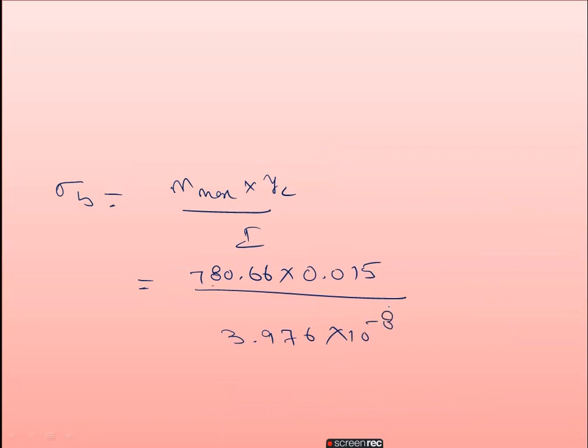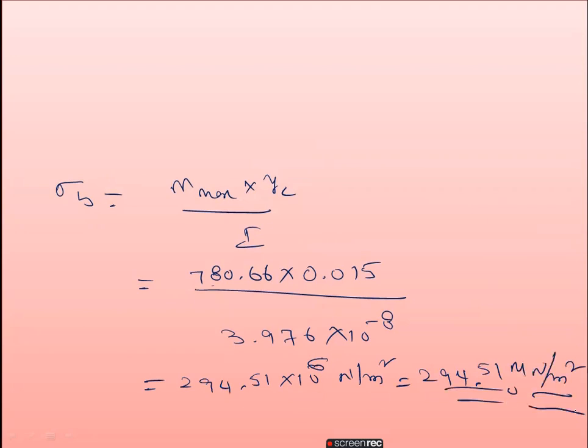If you calculate this, you will get 294.51 into 10 power 6 Newton per meter square. Converted into mega Newton per meter square, it is 294.51. This is the value of bending stress.